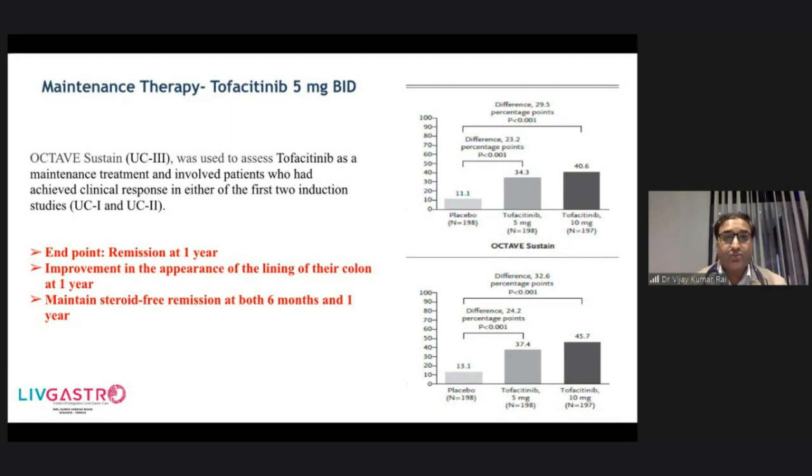Overall, this molecule definitely has a future, and we are also waiting for a few more data, but right now we have something to offer these patients who are not responding to our conventional therapy.